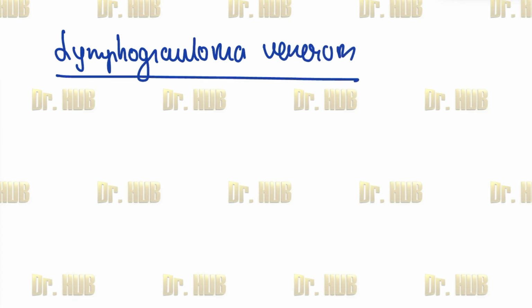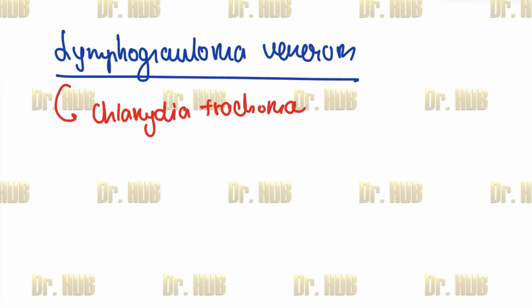It is caused by Chlamydia trachomatis, and it usually presents with a transient single shallow ulcer.